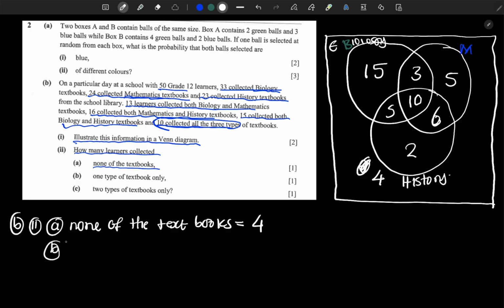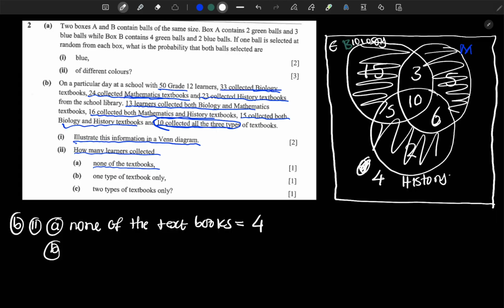Then B, one type of textbook only. As long as there is one type of textbook only, then this is the region.